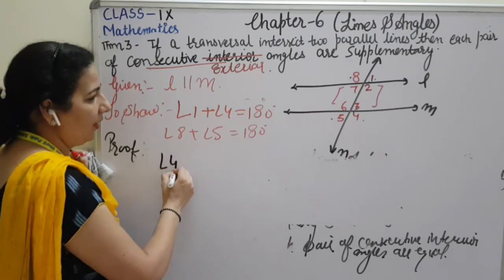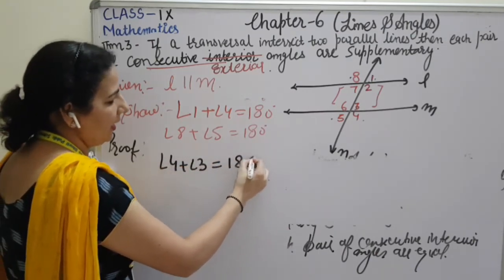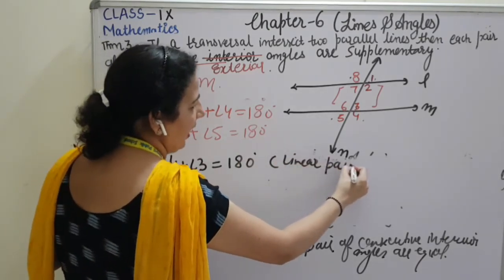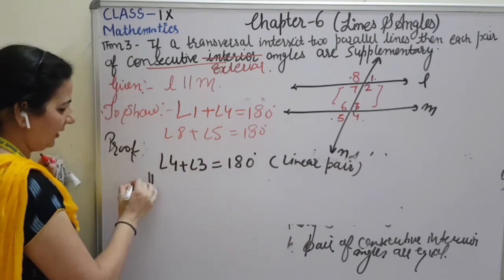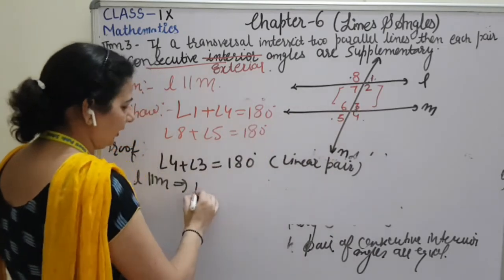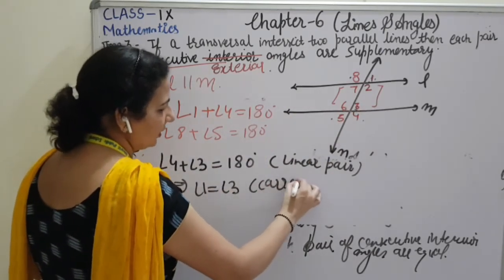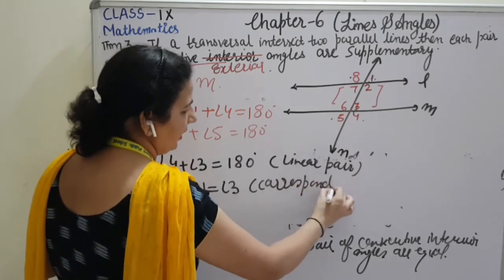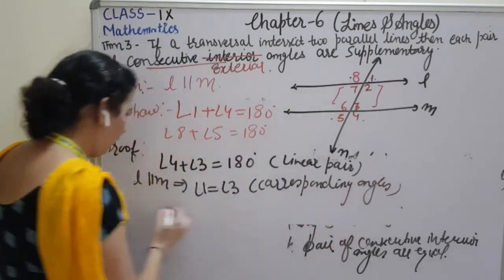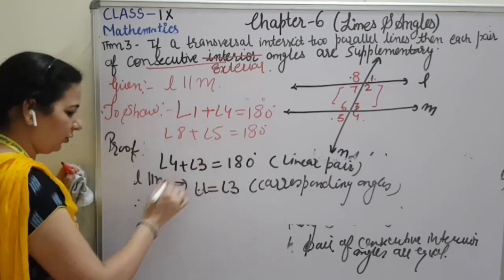We know that angle 4 plus angle 3 is equal to 180 degrees. Reason is linear pair. And as L is parallel to M, can I say angle 1 is equal to angle 3? Reason is corresponding angles. Therefore angle 1 equals angle 3. So in place of 3 I will put 1.